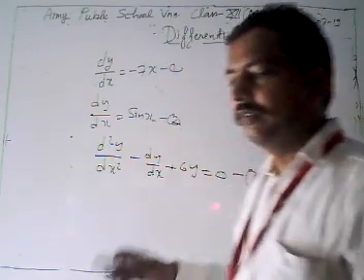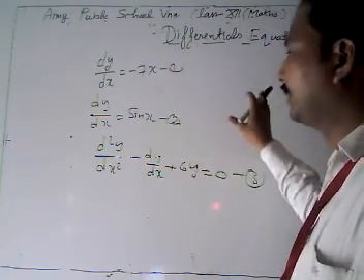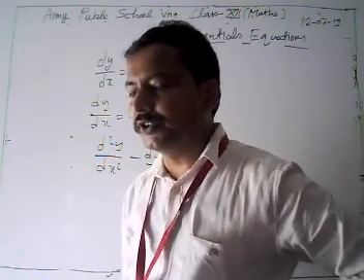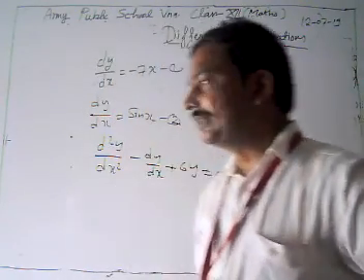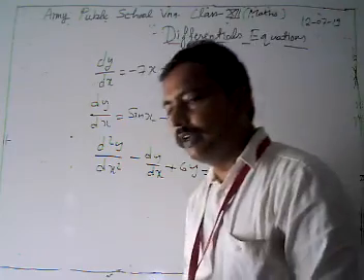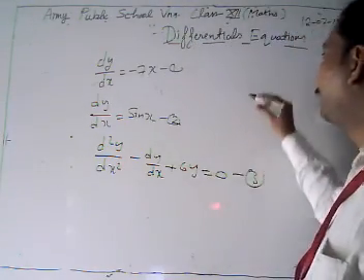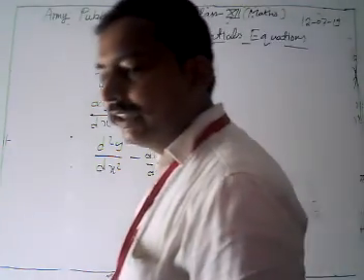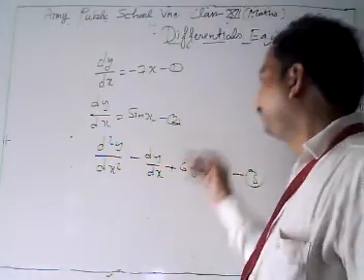When we explain the differential equation, first of all there are two terms, so we have to be well aware of the basic concept. First, we have to check the order and degree of the differential equation.